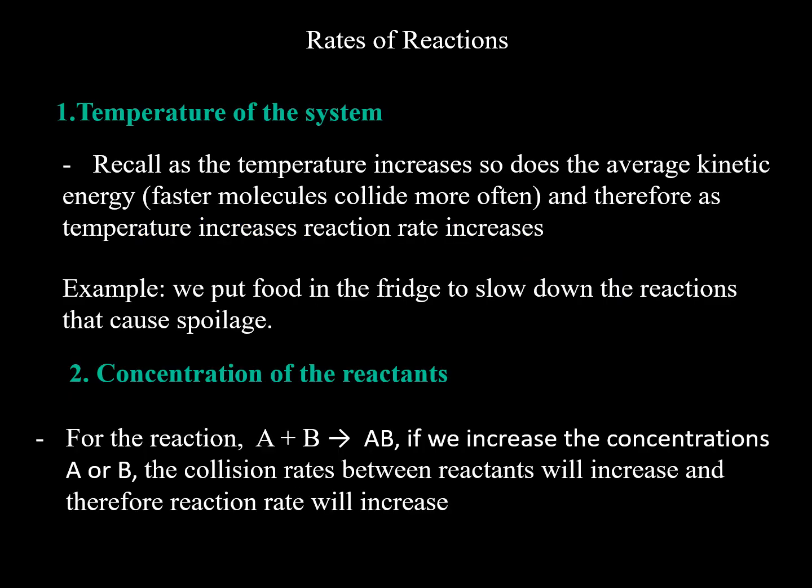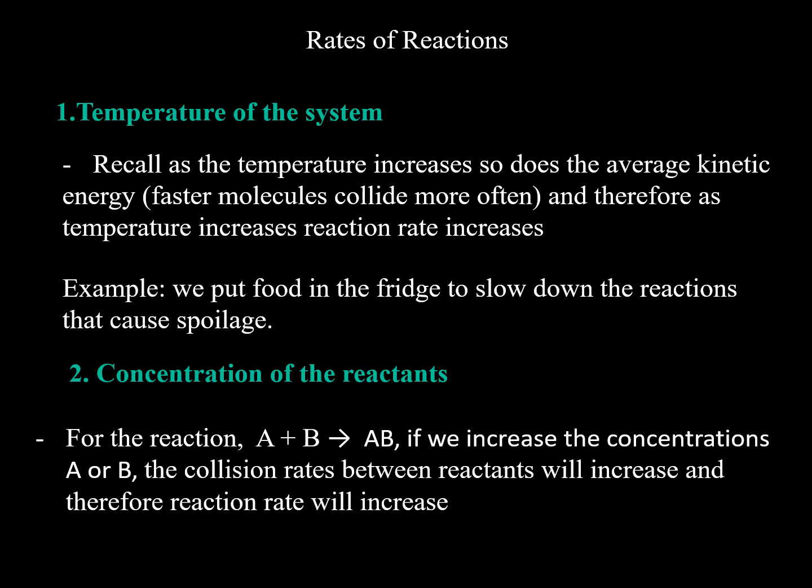So the temperature of a system. If you increase the temperature of the reaction, the molecules will move faster. If they move faster, you'll have more collisions and a higher probability of finding the correct jigsaw puzzle fit for the reaction to move forward.